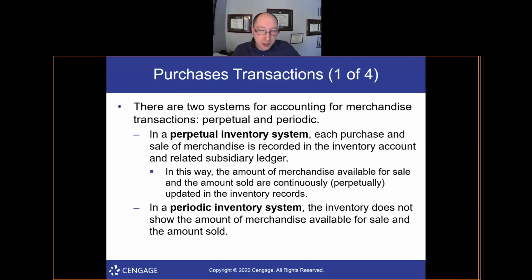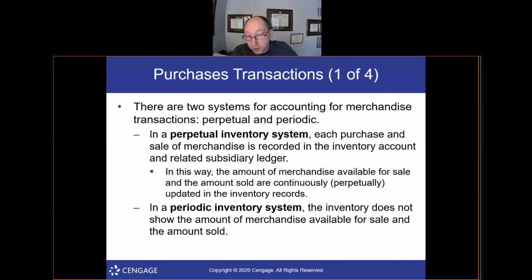The other type of system that retailers will sometimes use is called periodic. Periodic inventory systems are used by companies that do not sell frequently. An example of this would be Zales Jewelers, a jewelry company, a specialty store that sells specialty products, and they don't have a whole lot of them on hand.